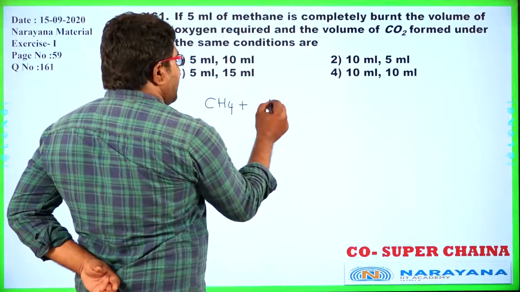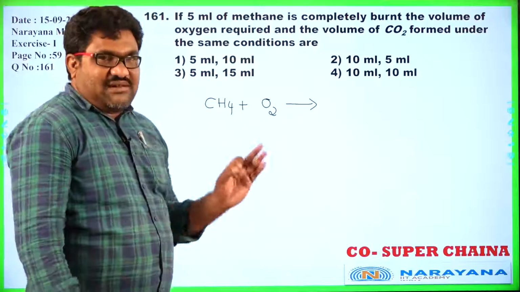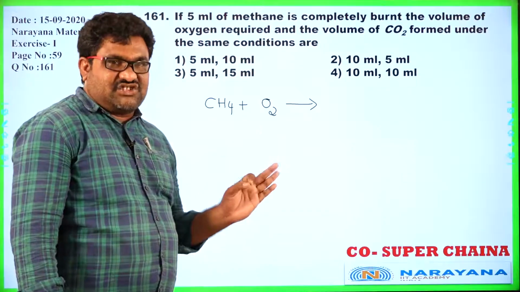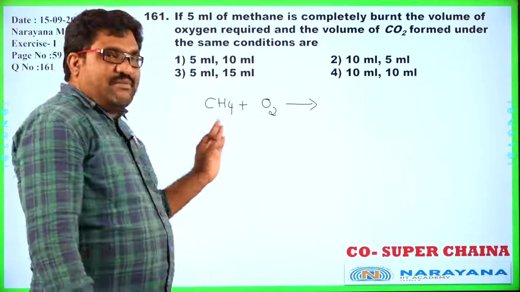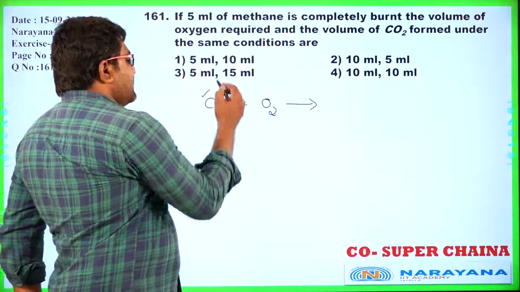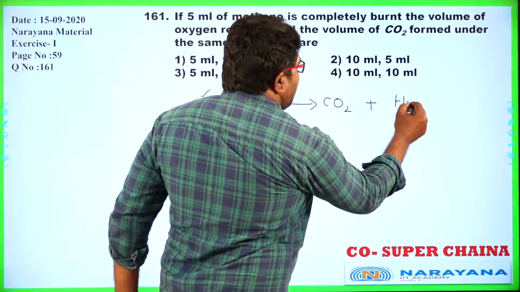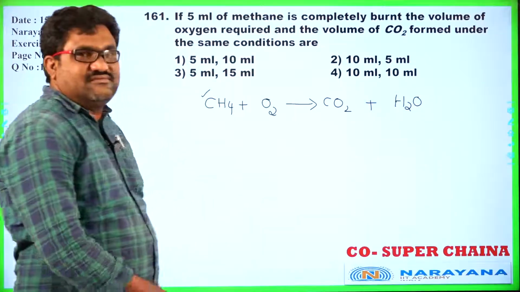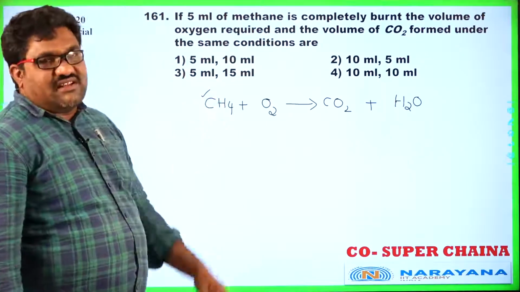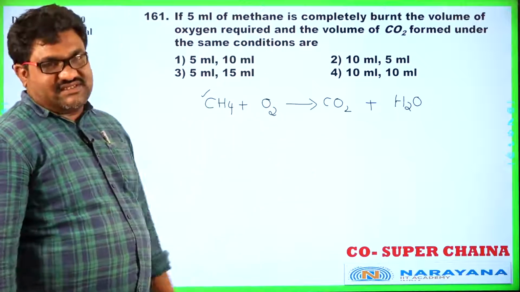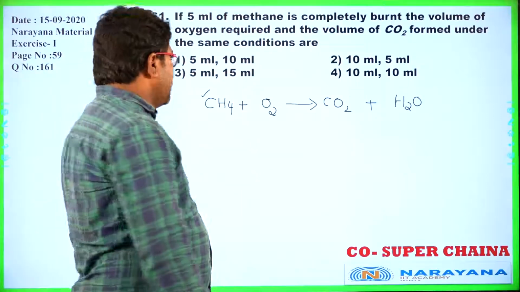Combustion means reaction with oxygen, and whatever the hydrocarbon, if it undergoes combustion in the presence of excess oxygen, the carbon present in that hydrocarbon is converted to CO2, and the hydrogen is converted to water. This is the process involved in combustion, and this is how to guess the products formed in a combustion reaction for a hydrocarbon. This is compulsory, right?